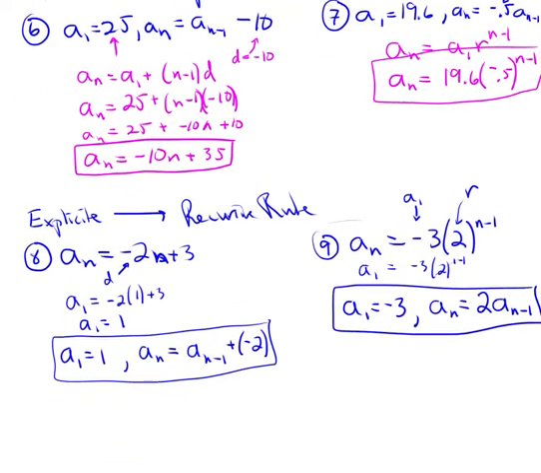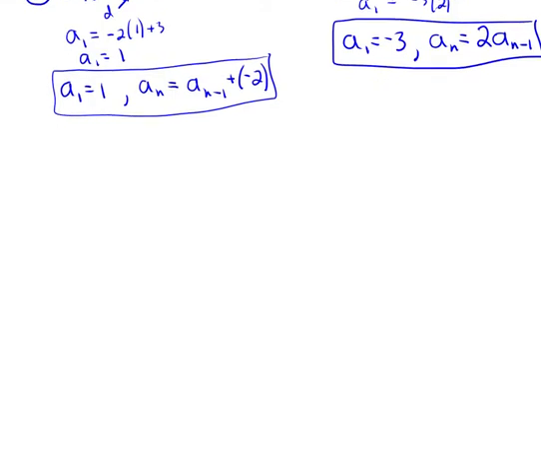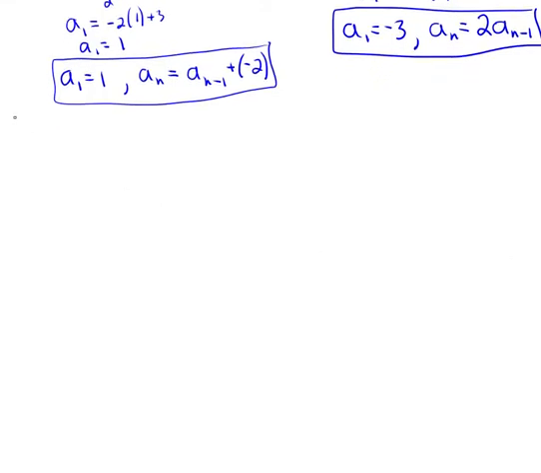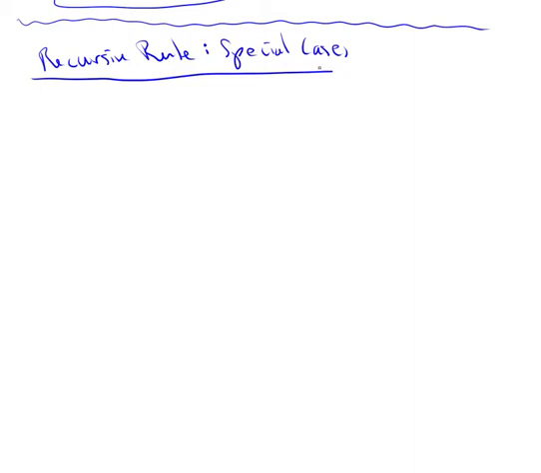But there are special cases where you can't write an explicit rule. And that's why we have this recursive rule for special cases. And they're just different because you can't write them as the explicit.